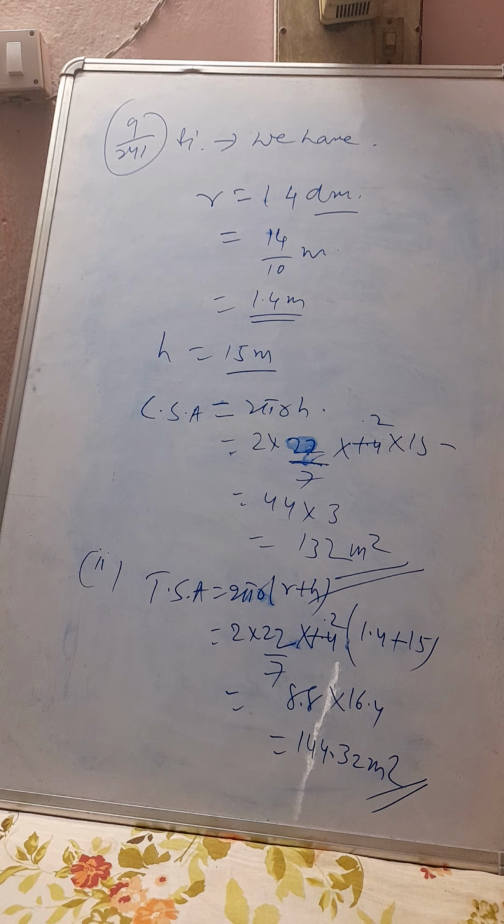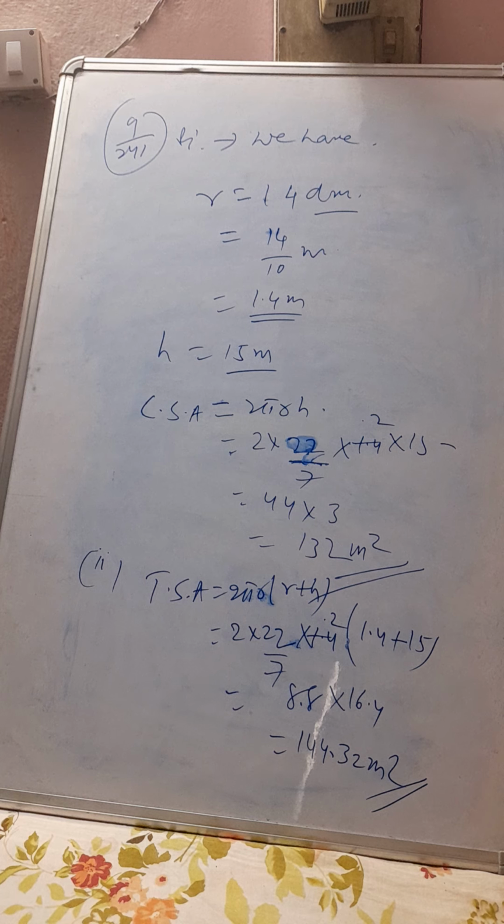Then find out the value of the curved surface area of the cylinder, and second one is the total surface area of the cylinder. If radius is 14 decimeter, then in meter it will be equal to 14 by 10, that is 1.4 meter. As well as height is given as 15 meter.